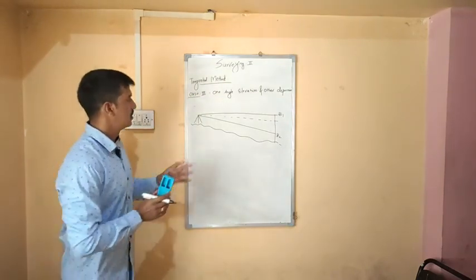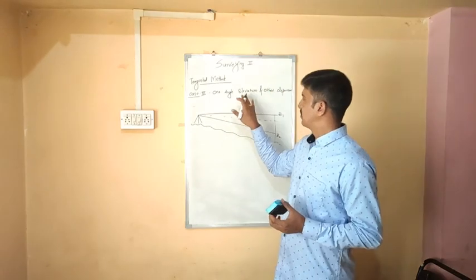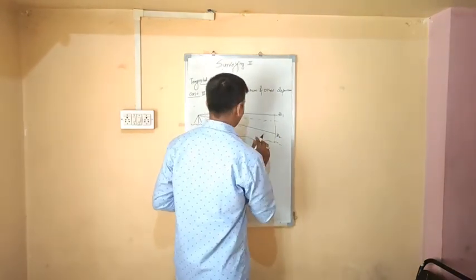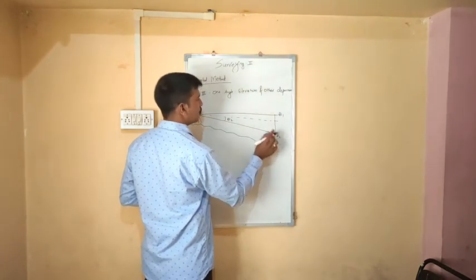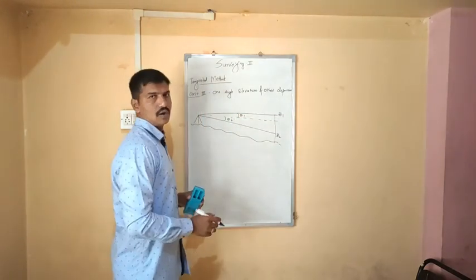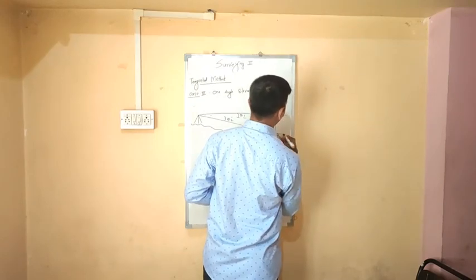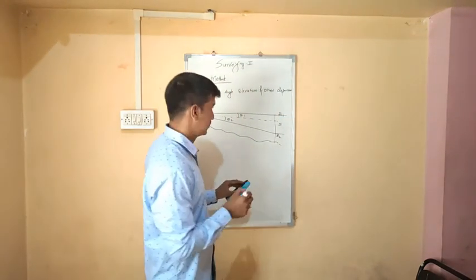Second year, here case number 3 will show us the combination of elevation angle and depression angle. So here I have taken two angles. One angle is theta 2 to the lower target, the other angle is theta 1 to the upper target. The distance between the upper target and lower target is the staff intercept S.